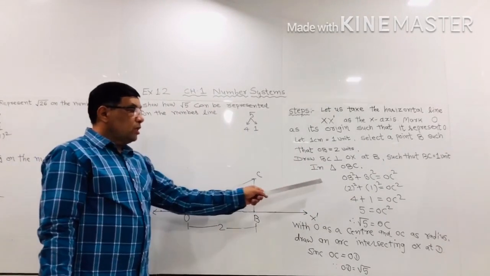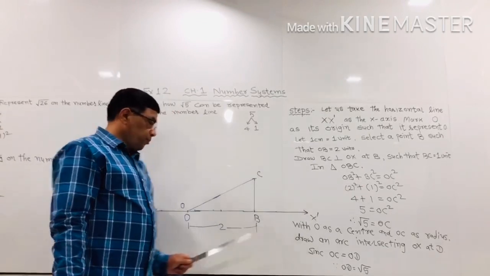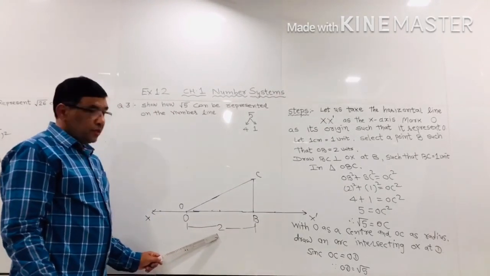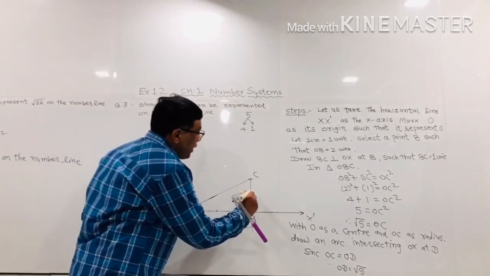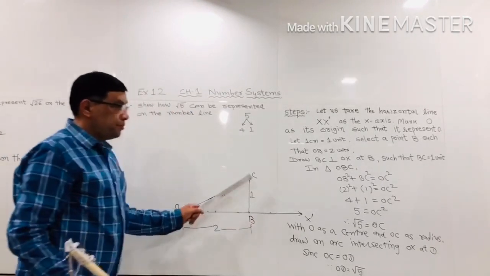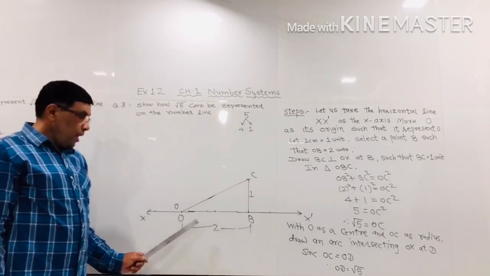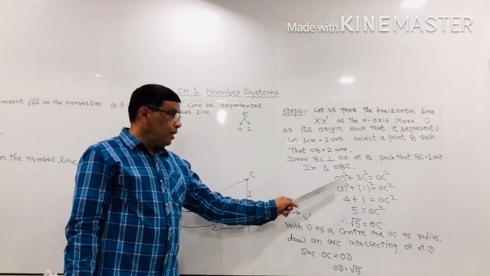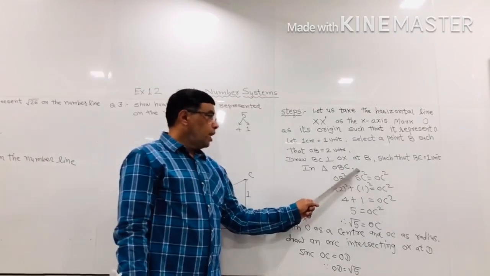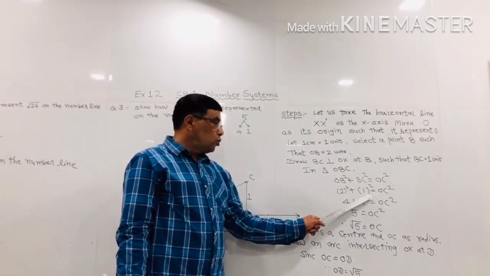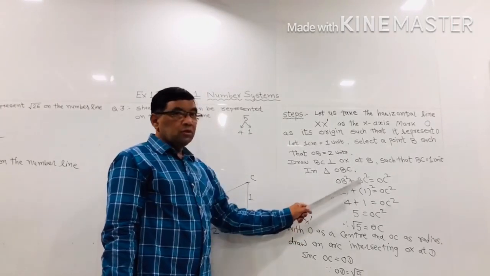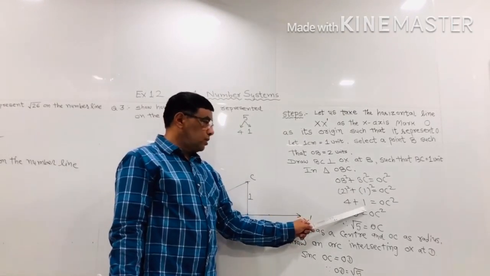Now we take the values. OB we have already taken as 2 units and BC we have taken as 1 unit. So we apply the values: 2 square plus 1 square is equal to OC square. 2 square is 4 plus 1 square is 1.